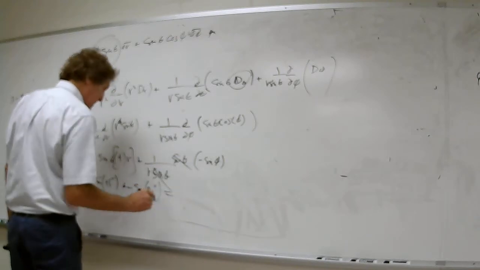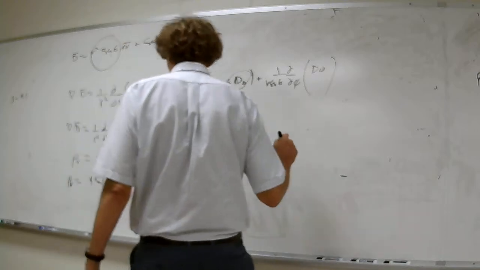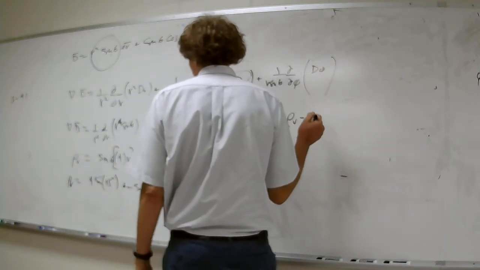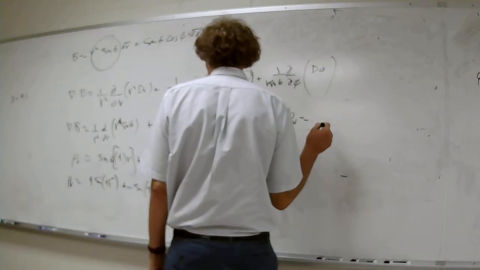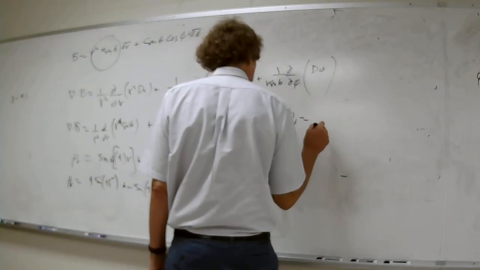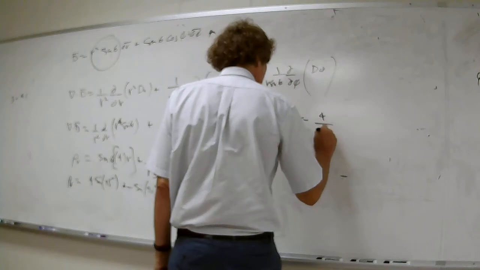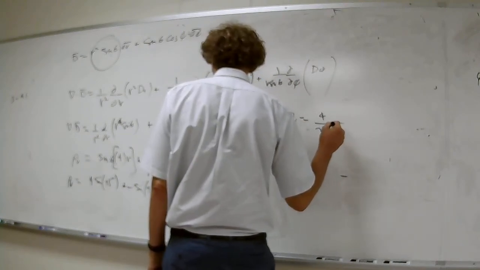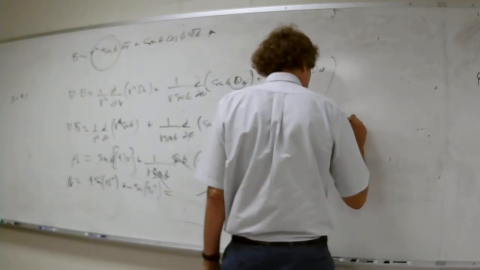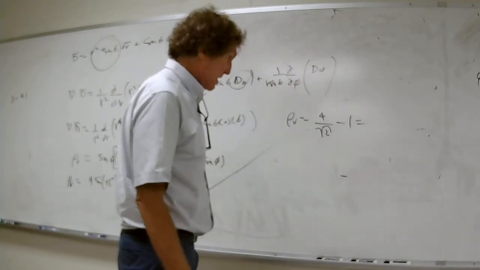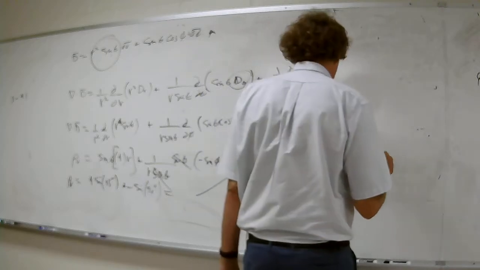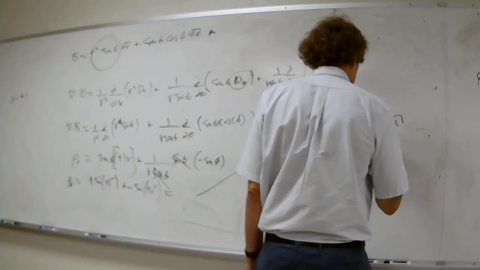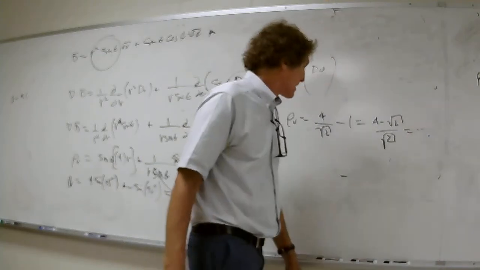Okay. So sine of 45 degrees is 1 over the square root of 2, so I have 4 over the square root of 2 minus sine of 90, which is 1, so it's minus 1. Whatever that is. Somebody can tell. What is it?